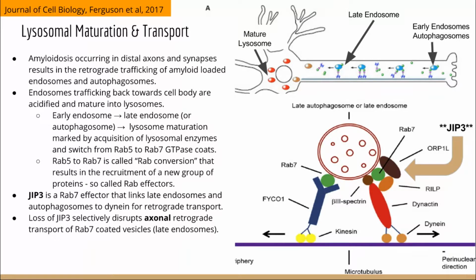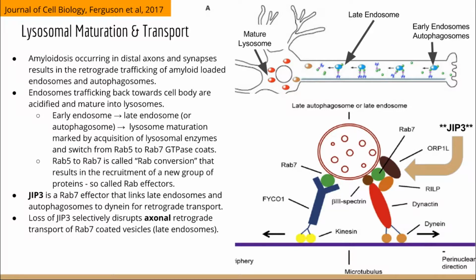And this leaves intact the transport of things like mitochondria, synaptic vesicles, everything that's traveling anterogradely, dendritic transport, etc. It's a very selective mechanism to disrupt late endosome retrograde trafficking.